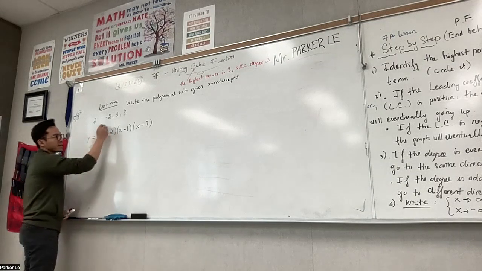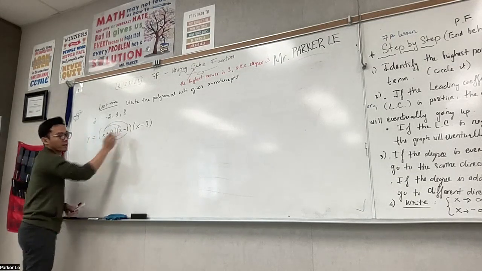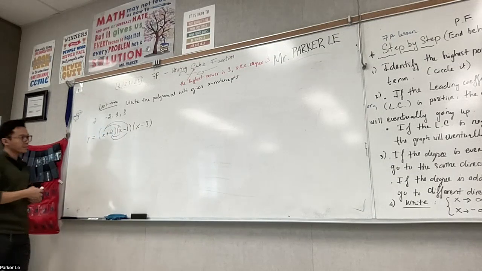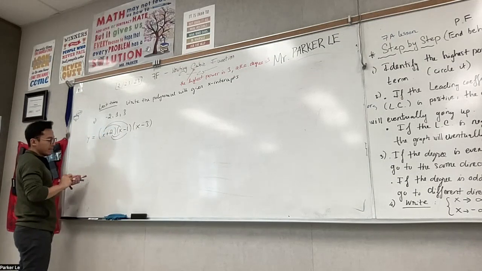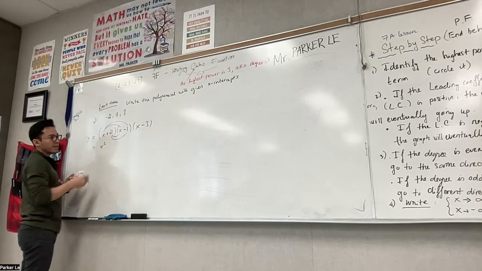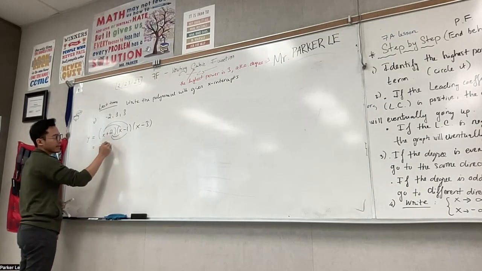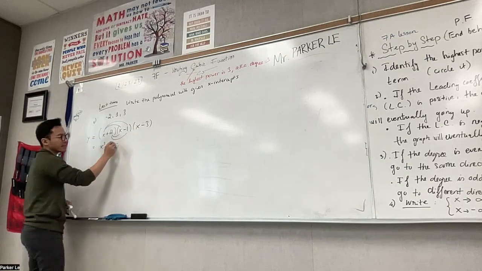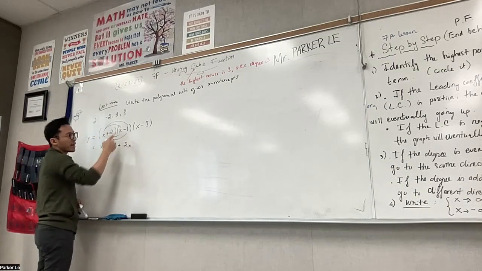The last step is you're going to multiply them to get the standard form. So I'm going to multiply this with FOIL. X times x is, x times negative 1 is, 2 times x is, 2 times negative 1 is.